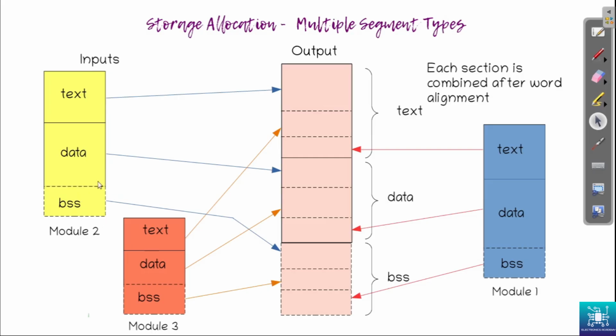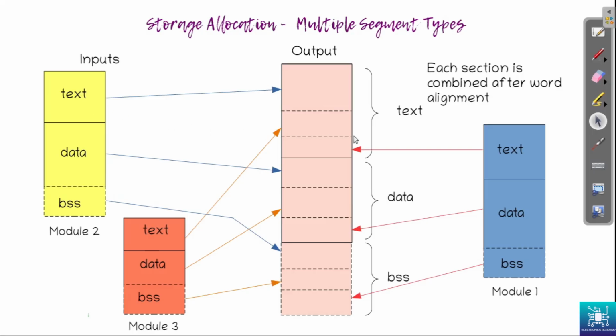And the BSS section is dotted because though this section exists logically, there is no actual storage allocated in the flash for 0 initialized data. The only information we extract is the size of the BSS section. That's all. So if we get the size of the BSS section, we will have to manually fill up that particular area of RAM with 0 initialized values for BSS. That is what we need to do. So that is the reason this is dotted.